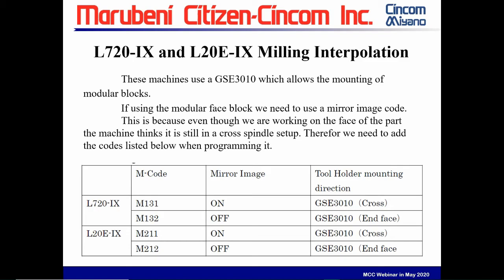On the back, it's pretty much the same, but when you work with the rack, because of one of the functions of the rack, of the GSE310, the holder itself can be on a cross where the tool is on a face, and it needs to have mirror image on for it to work in XY properly. And these are the codes for the L720, M130, 132, and the L20E, which is 211, 212.